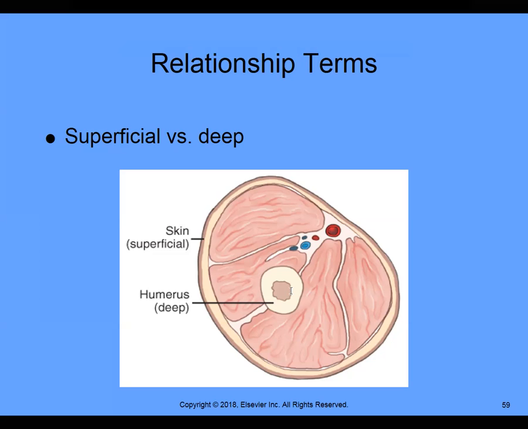I can refer to that as internal, inside, within, right? If I'm looking at these blood vessels here, the red ones are arteries, the blue are veins. I could say that these arteries are superficial versus these deep veins.